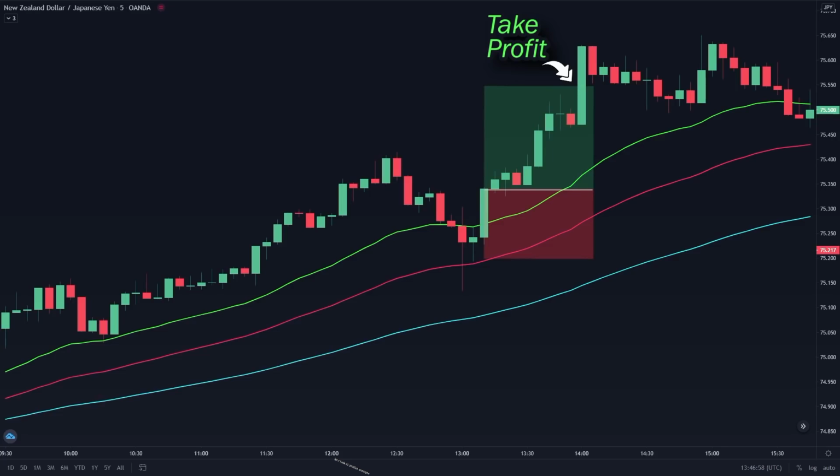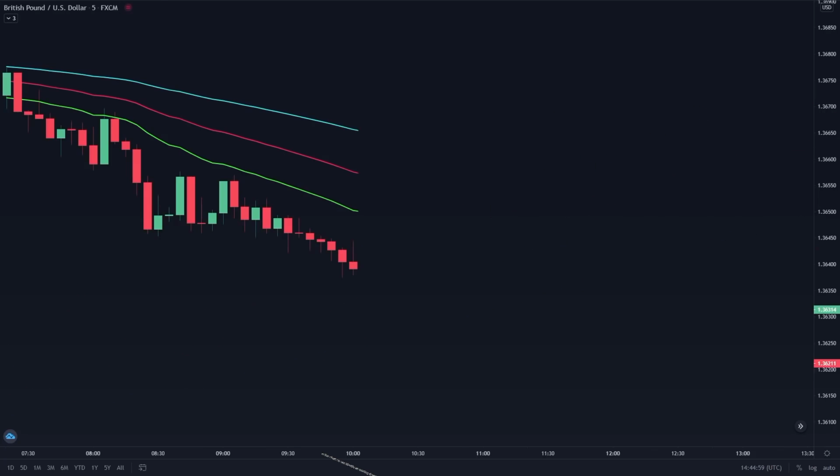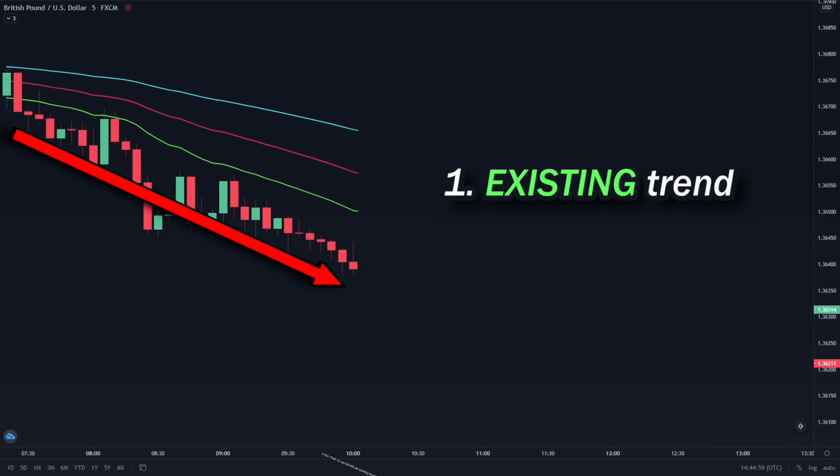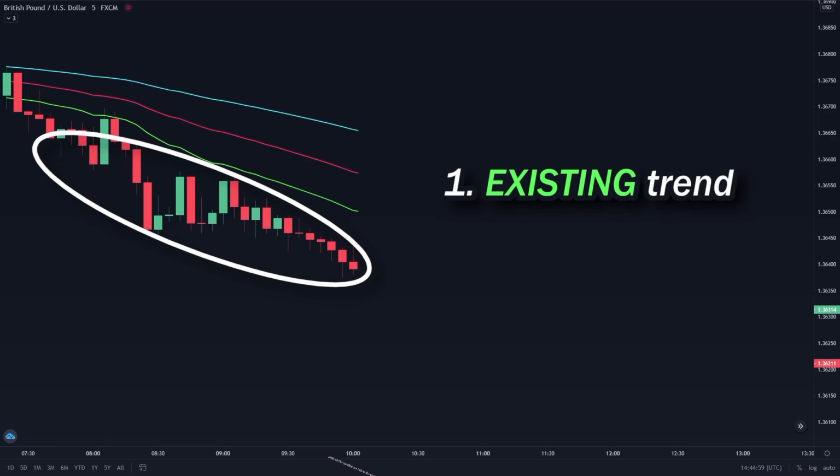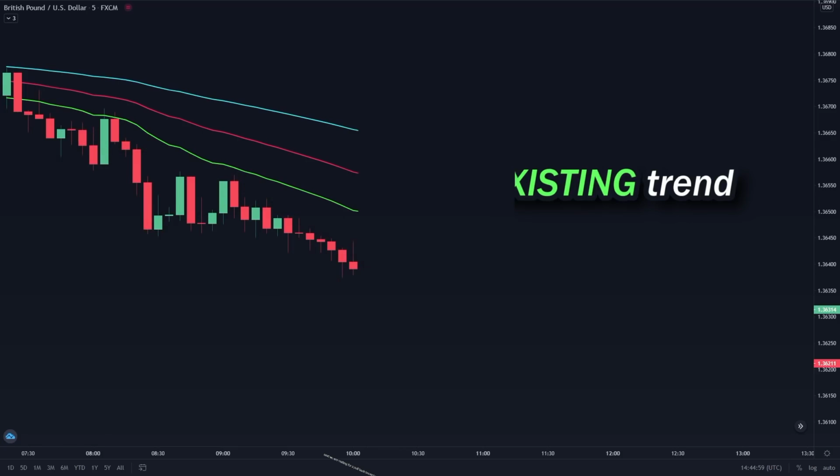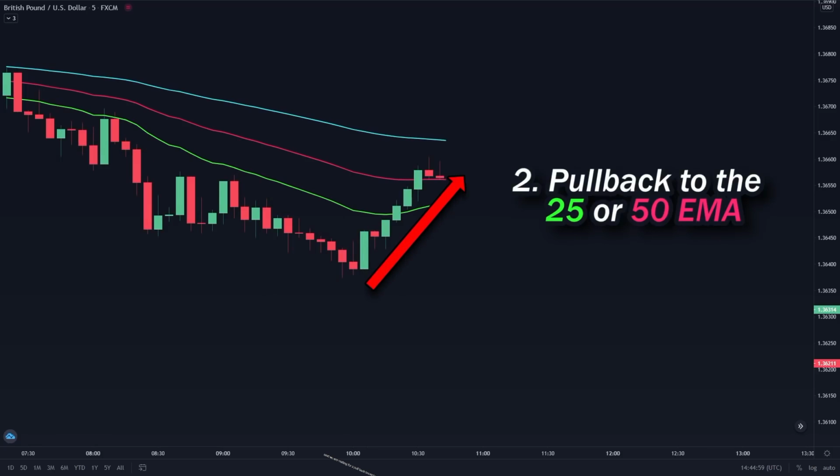Let's look at another example. In this chart, we can identify an existing downtrend, as shown by all three EMA heading downwards, while all the candles are below the EMA. Next, we are waiting for a pullback towards the 25 or 50 EMA, and remember, the pullback must not overlap the 100 EMA.